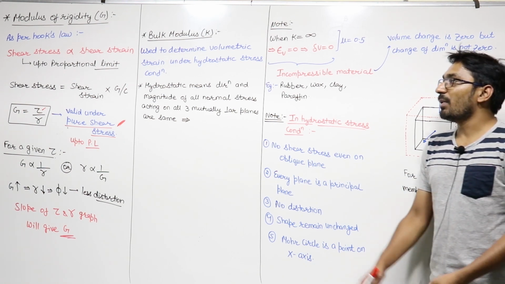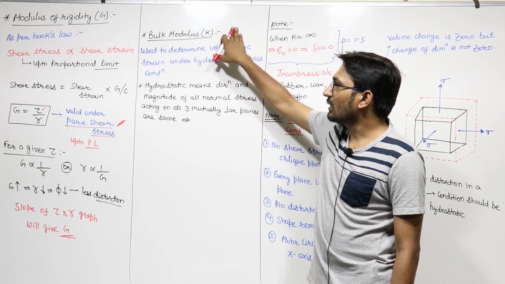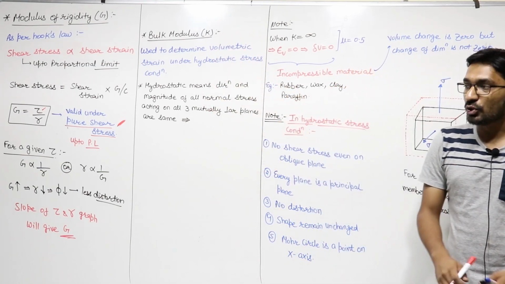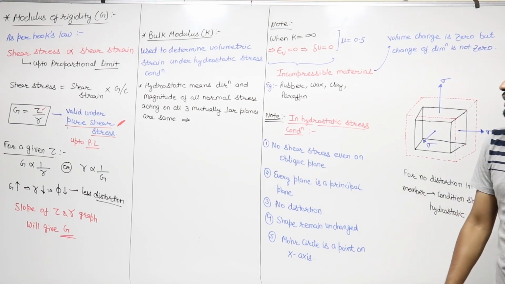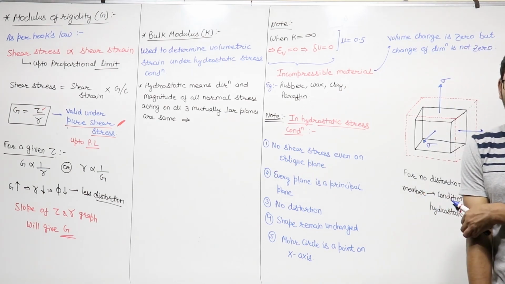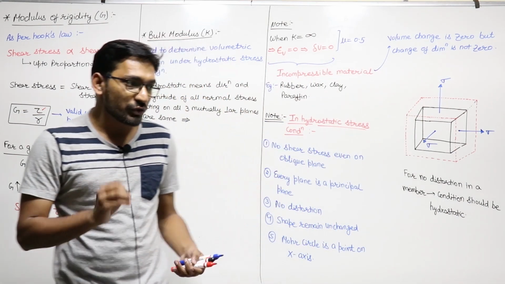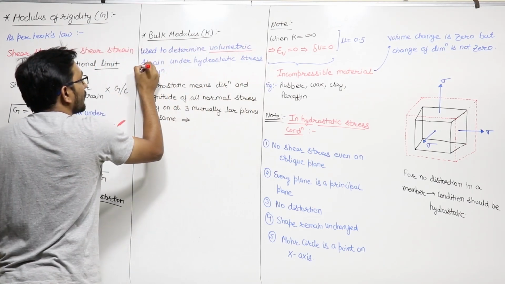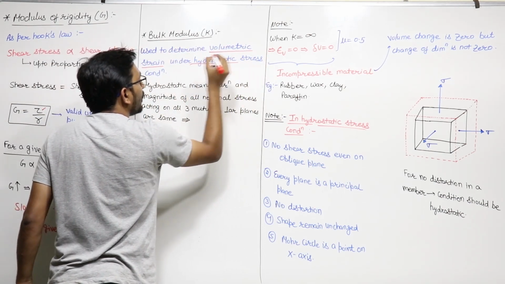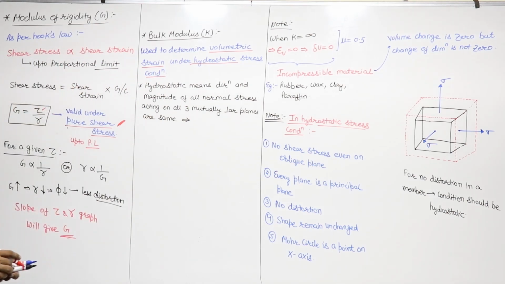The third type of elastic constant is the bulk modulus. The bulk modulus is used to determine volumetric strain under hydrostatic stress condition. Please focus here. What do we mean by hydrostatic?